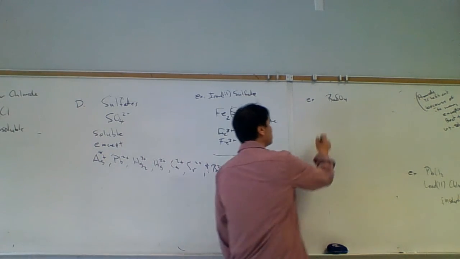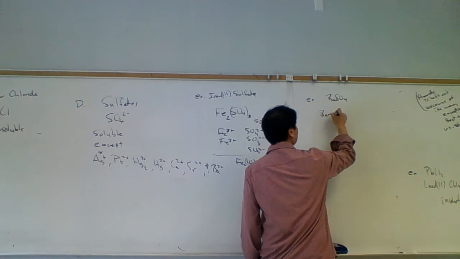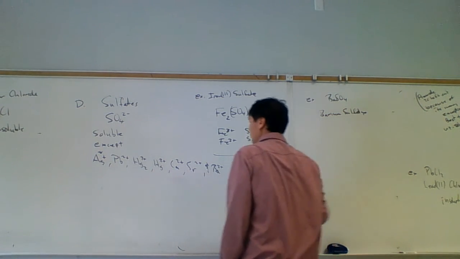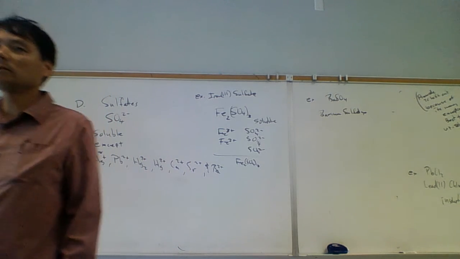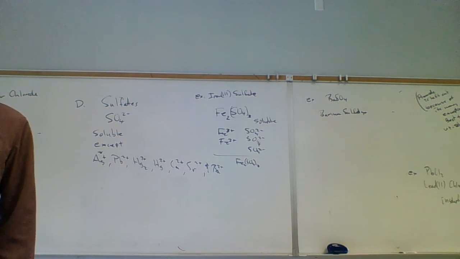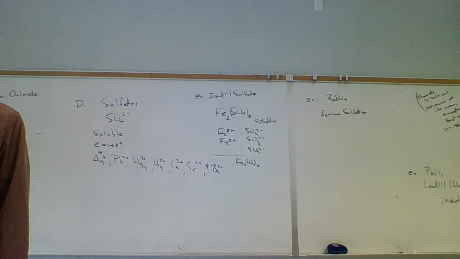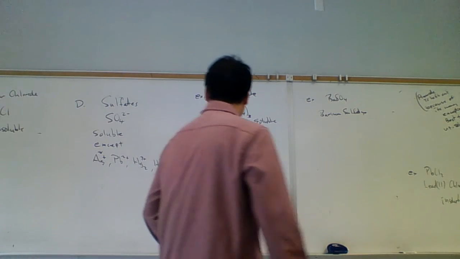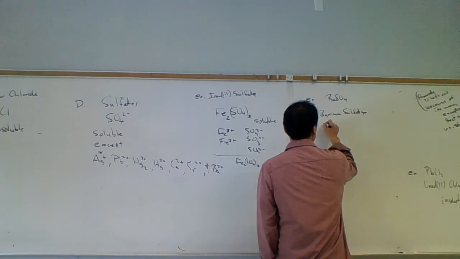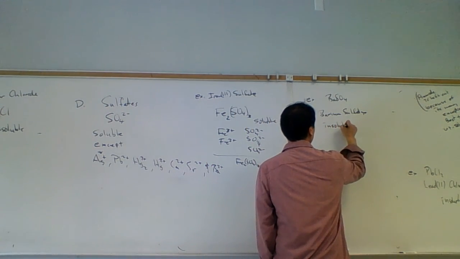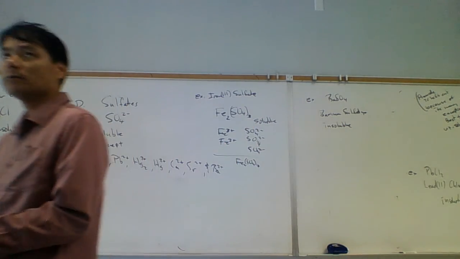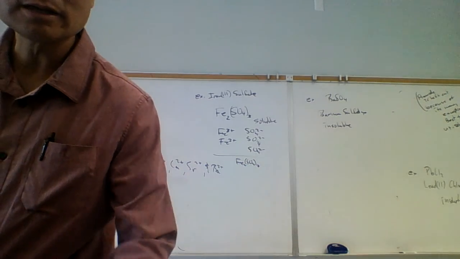Barium is a fixed charge, it's group 2, so this is barium sulfate. Is barium sulfate soluble or insoluble? Barium sulfate turns out to be insoluble. It's a bit odd, but it's insoluble. All right, we're going to stop here. We'll take a break and then start again.